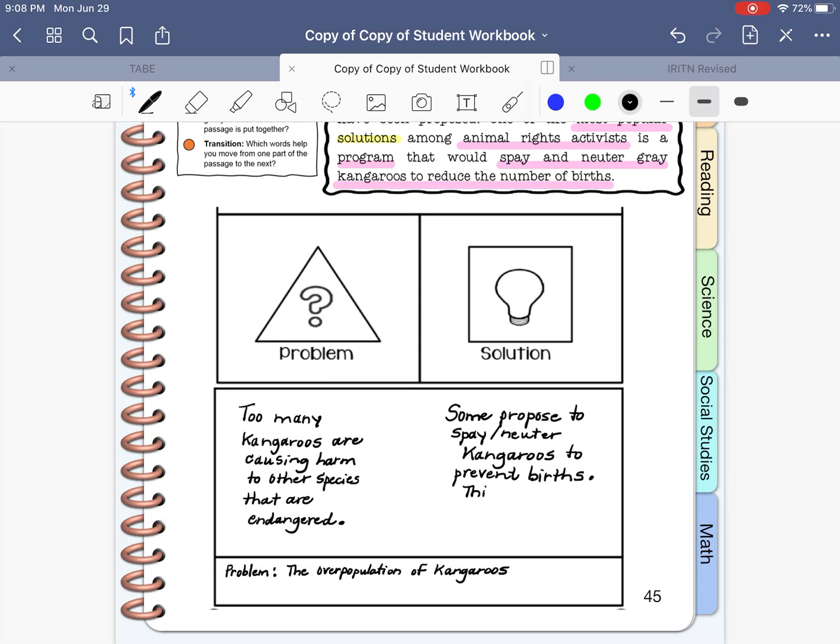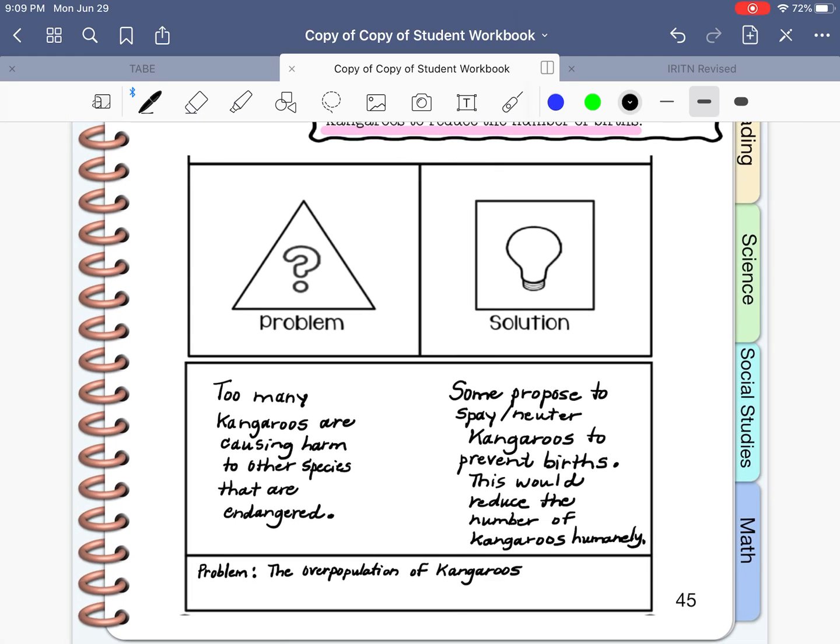That would reduce the number of kangaroos humanely. So we're not talking about harming the kangaroos. We're just talking about stopping them from producing other kangaroos.